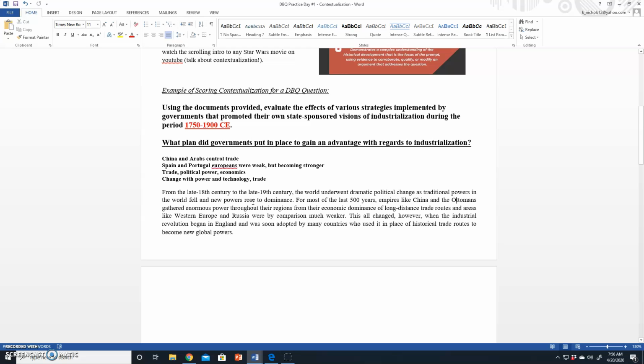Guys, when you're writing your contextualization, you want to be broad, but at the same time, you want to be specific. You can't be so broad that you don't mention any specifics. You can't just say, well, traditional powers fell and it rose to new dominance, and industrialization became the new source of power instead of necessarily controlling all trade routes. You didn't mention any specifics.